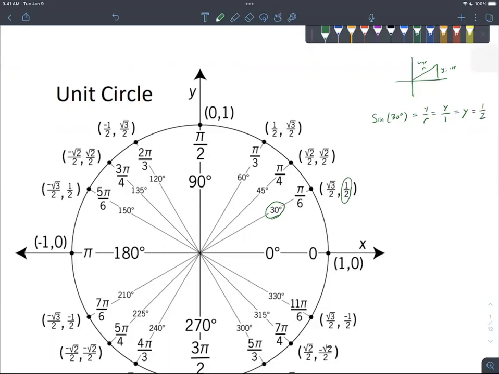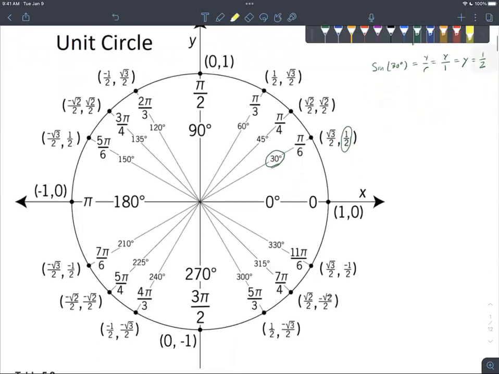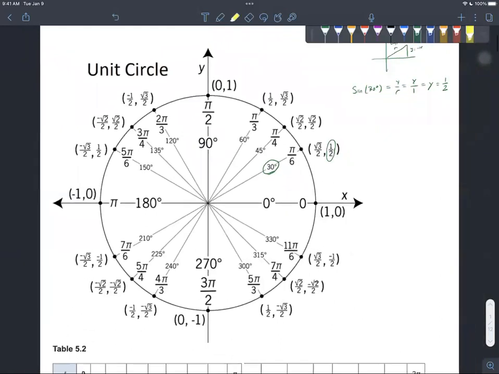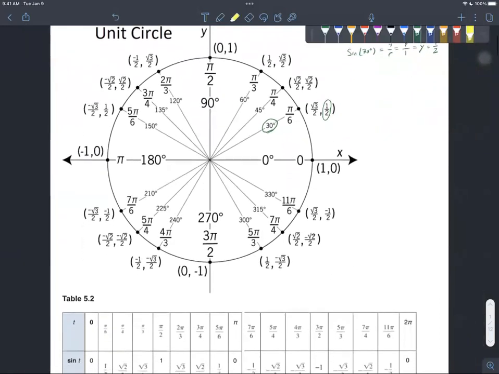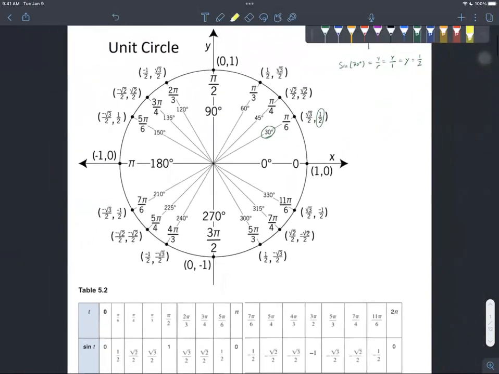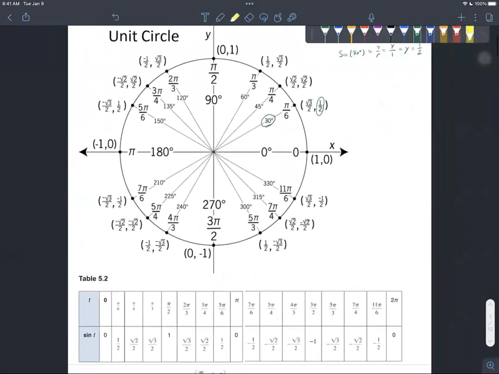Okay, so the cosine of 30 degrees is right there, the square root of 3 over 2. But in this section, we're going to focus on just the sine of various angles. And we're actually going to look at the sine of a lot of these popular angles from 0 to 2 pi radians.